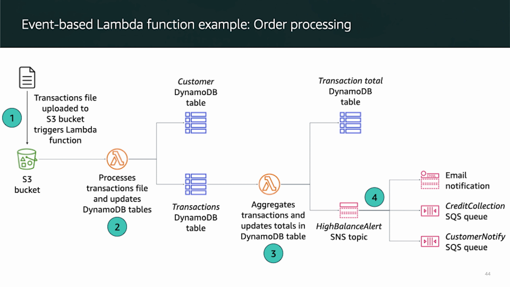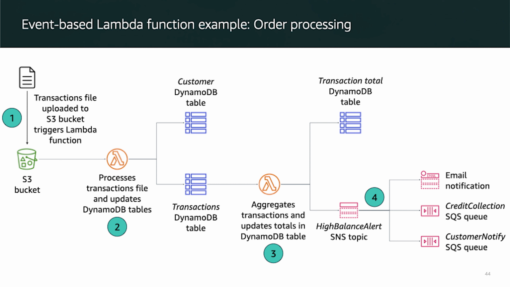Changes to those transaction DynamoDB table trigger a second Lambda function to aggregate the transactions and update the total in the transaction total DynamoDB table. It also pushes a message to the high balance alert SNS topic. That SNS topic sends an email notification to the customer and updates the credit collection and customer notify SQS queue for payment and processing.